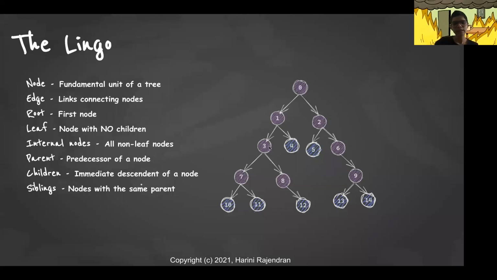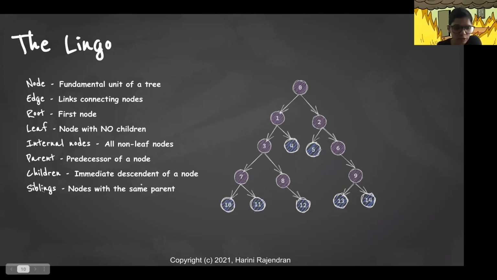And then the immediate descendants of a node are the children. For example, for 3, the immediate descendants are 7 and 8. So 7 and 8 are 3's children. Similarly, 5 and 6 are 2's children, 3 and 4 are 1's children, and so on and so forth. So that's the parent and children relationship.